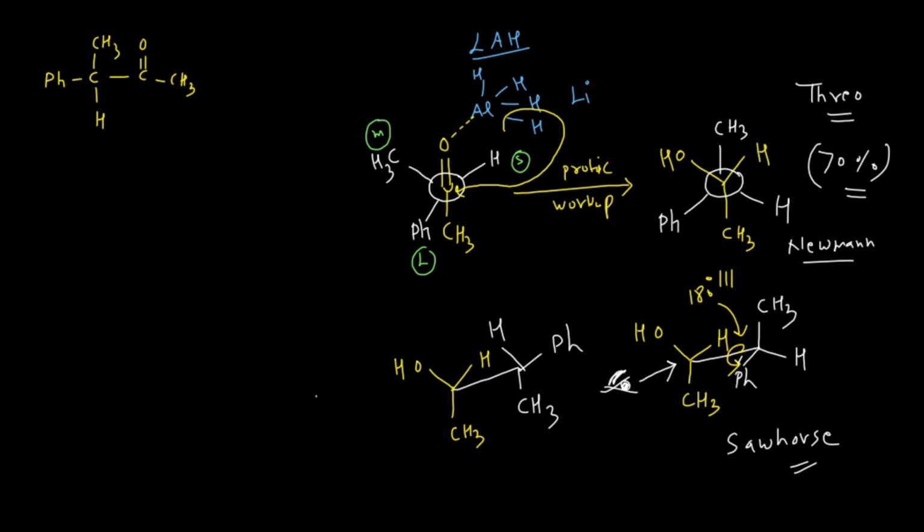Now I can convert this into the Fischer projection formula. Say this is my carbon number 1, this is carbon number 2, this is carbon number 3, this is carbon number 4. So what I can do, I can simply write my 4 carbons like that. Okay, I am giving the numbers to this one again. So this is 1, this is 2, this is 3, and this is 4.